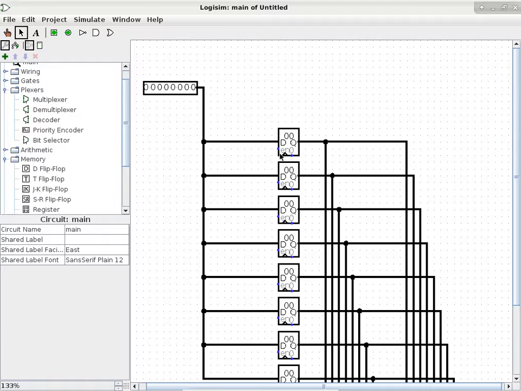I did not leave enough space between the registers, because these pins need to be connected, and some of these do not want to connect to the same place. So now we have a little bit of a problem. You can connect through the design. Yeah, I can, I suppose. It's going to be a little bit ugly, but it's okay.